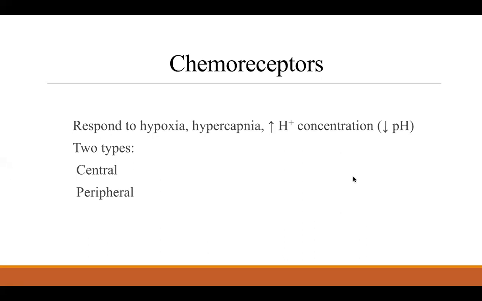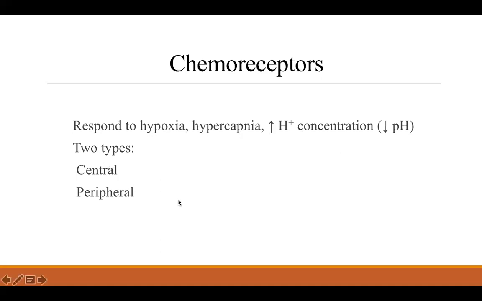All right, so mainly we talk about oxygen, CO2, and hydrogen ion concentration. And then hypoxia is low levels of oxygen, and hypercapnia is too much CO2, and we talked about hydrogen ion concentration.